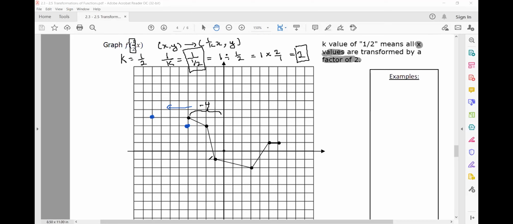Negative 1 becomes? -2. Okay, and 3 becomes? 6. Mm-hmm. And then 5 becomes? 10. And there's no room. And then, yeah, that's a 6. The last one's a 6, so it was 12. This is my horizontally stretched function.